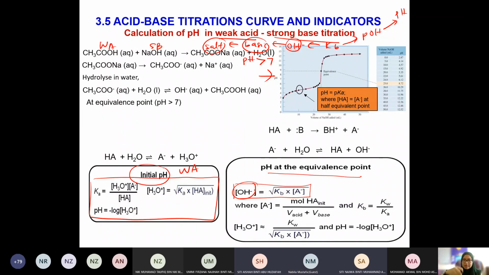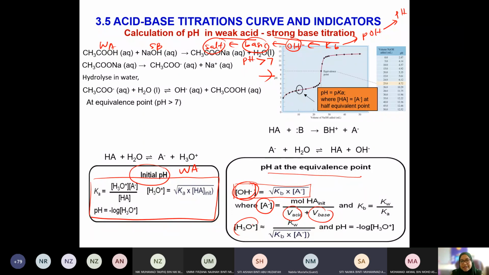When titrant is added, volume is now different. So that's why you have to consider the new concentration, in which the volume needs to be totaled up. Okay, once you get the volume, not to worry about this, guys. You calculate for OH minus and then proceed to pOH and then pH.